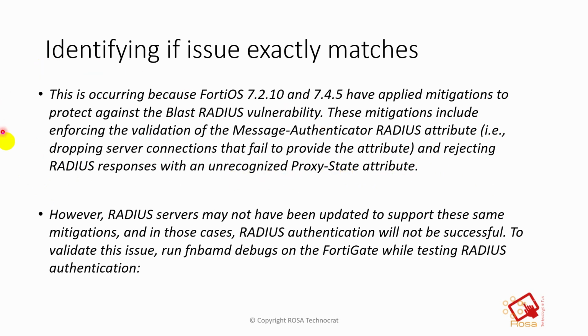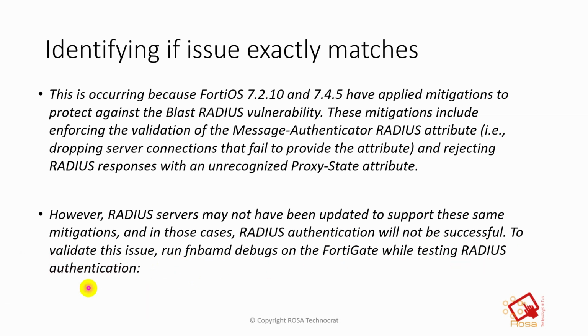So this is how Fortinet responded to this blast radius vulnerability, by adding a mandatory check for this particular attribute. However, Radius servers may not have been updated to support these same mitigations, and in those cases, Radius authentication will not be successful. To validate the issue, you can run the FNBAM debugs on the Fortigate while testing Radius authentication.